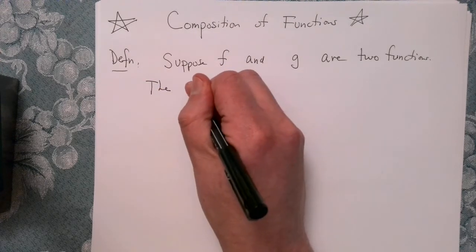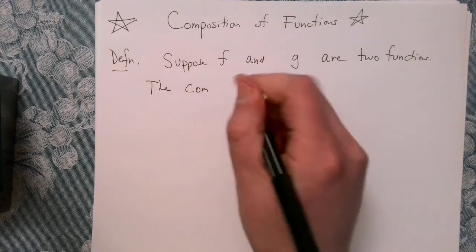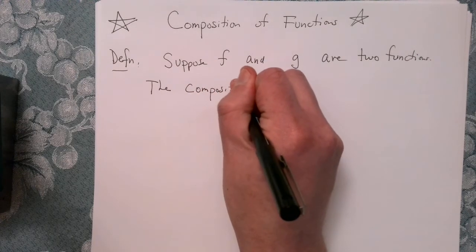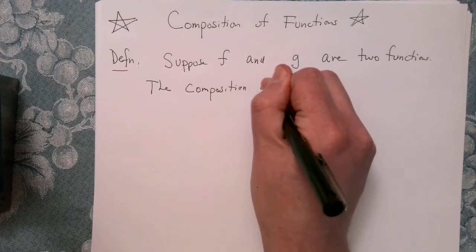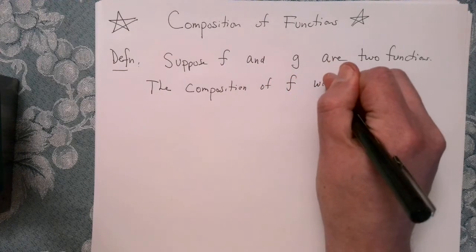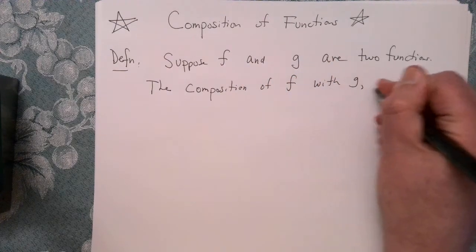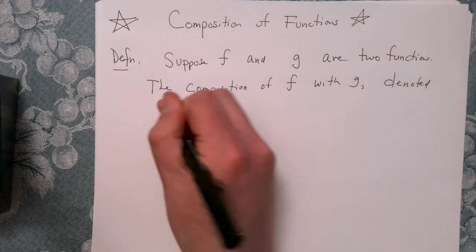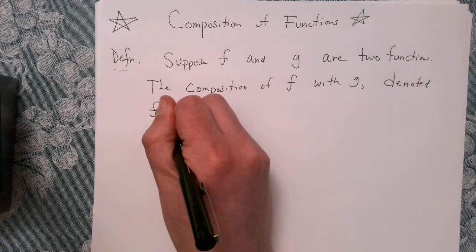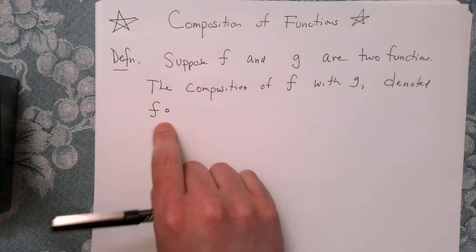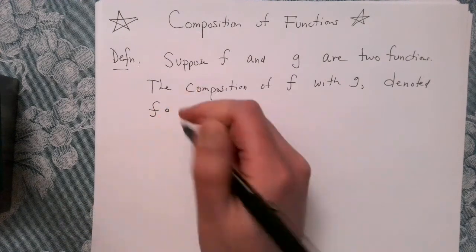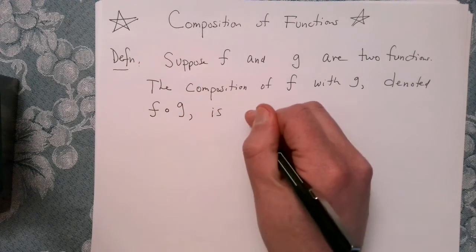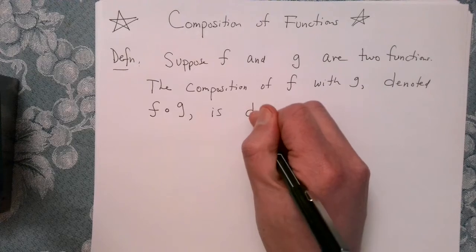The composition of f with g, denoted in the following way, this little bubble is our composition operation, is defined in the following way.